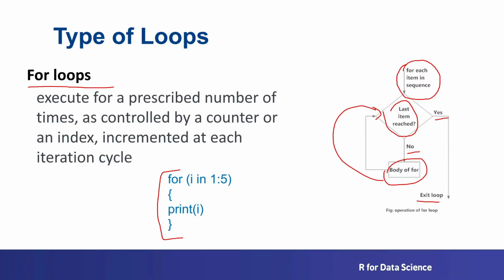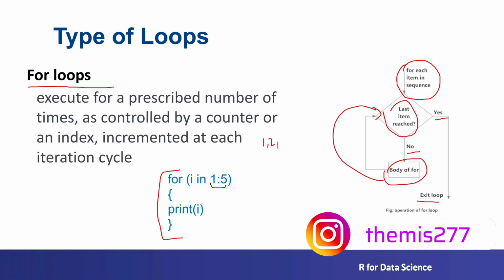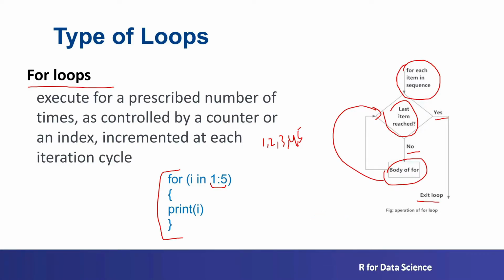We have for i in a list, which basically means 1, 2, 3, 4, and 5. What I'm saying is, for i in 1 till 5, I want you to print the value i. So i will take the value 1 and it's going to be printed, just like here.